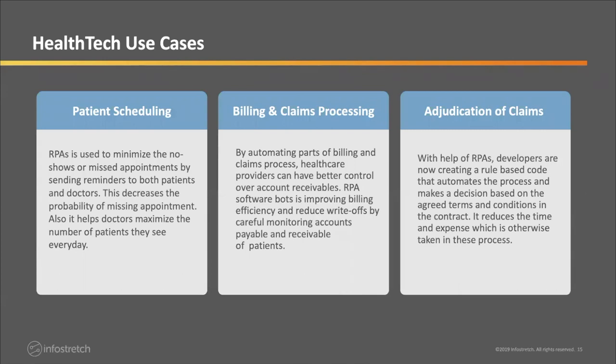Adjudication of claims is the area where, especially with our clients in the PBM business, or the pharmacy benefits management business, they do a lot of these things very manually. There are a lot of customer service agents involved in jobs which are pretty repetitive and predictable, very rules driven, if you may say. We have seen our client partners employing RPA techniques there as well, right?